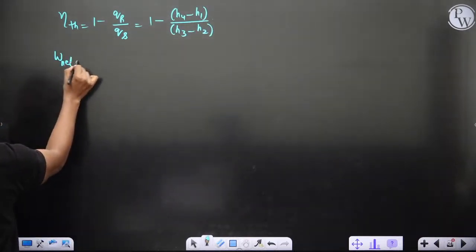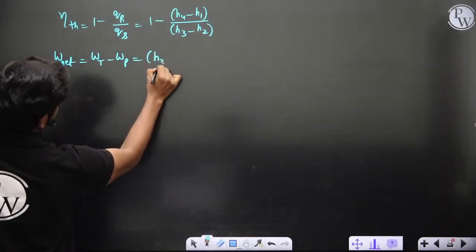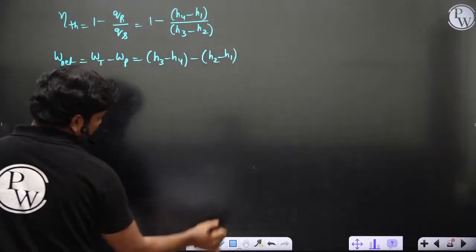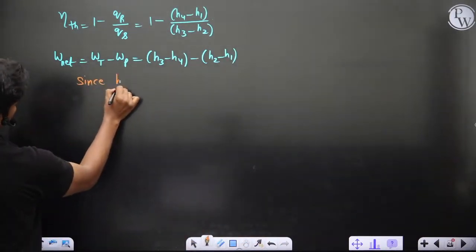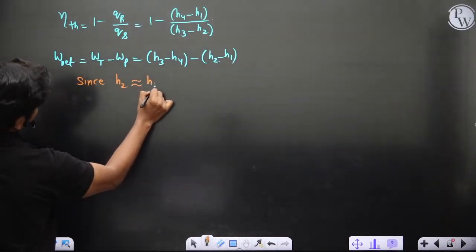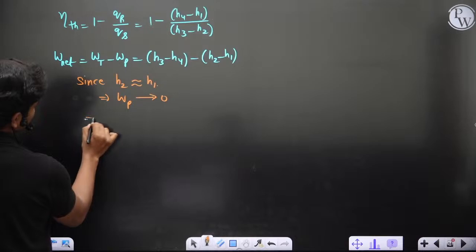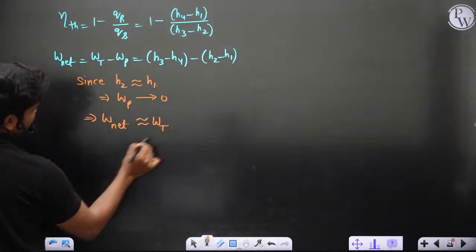W net is equal to WT minus WP, (H3 minus H4) minus (H2 minus H1). Now clearly you know, since H2 will be almost equal to H1, this implies W pump will tend to 0. So this implies W net is almost equal to work generated by the turbine.